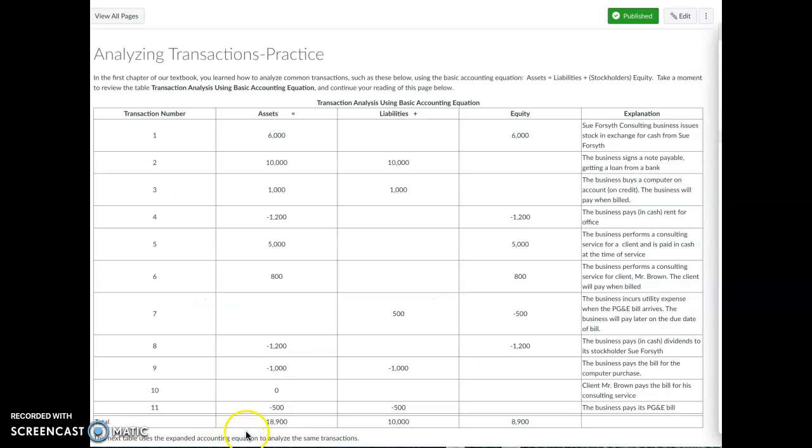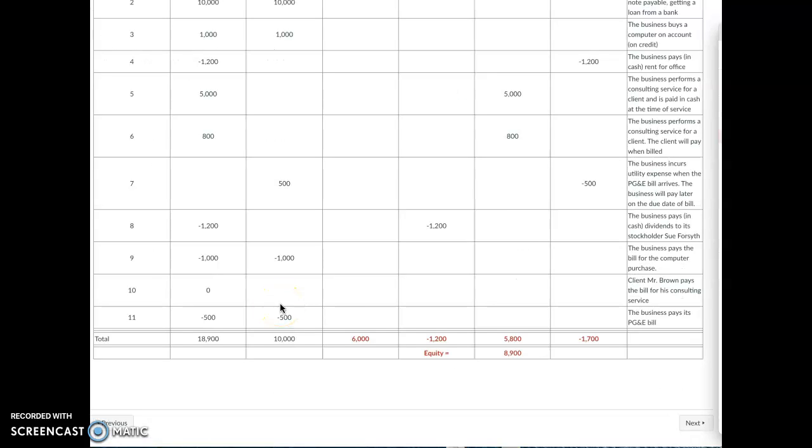In our transaction analysis using the basic accounting equation, we see that the total equity at the end of the period is $8,900. Now we've broken down that equity into its various components. Common stock, which increases equity, $6,000.